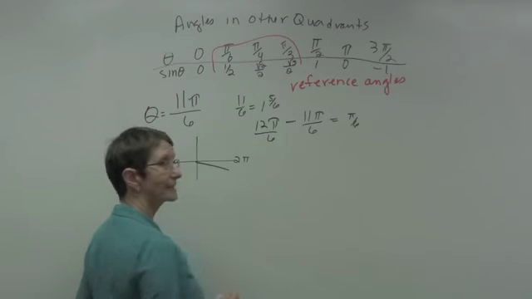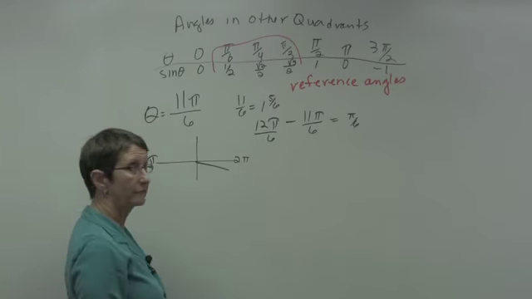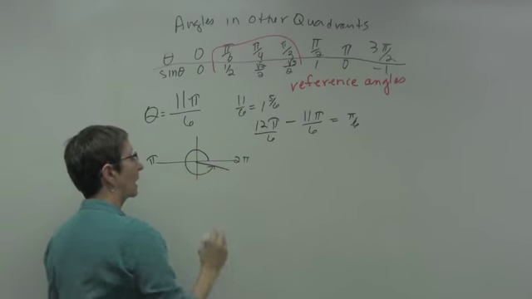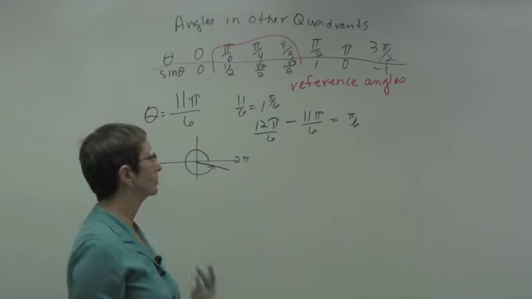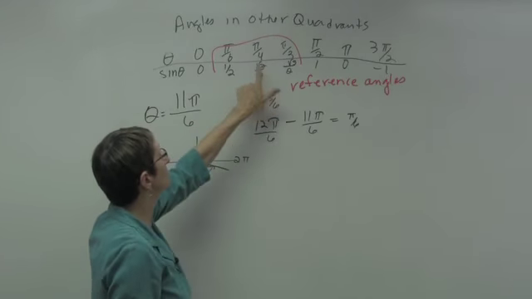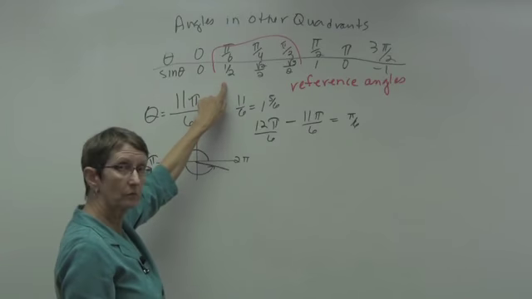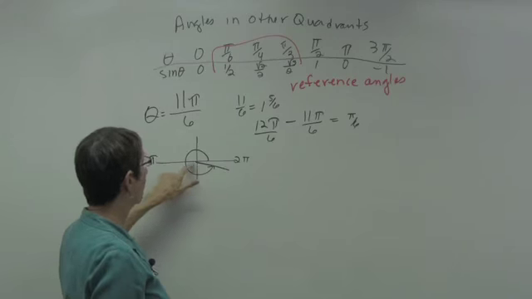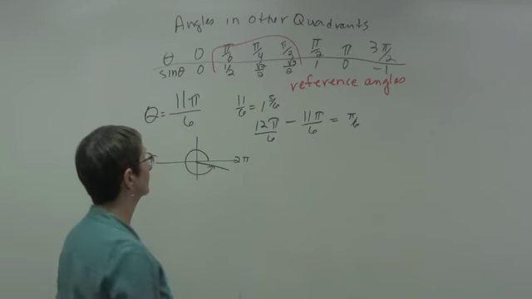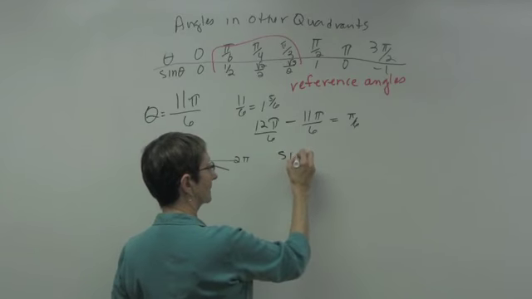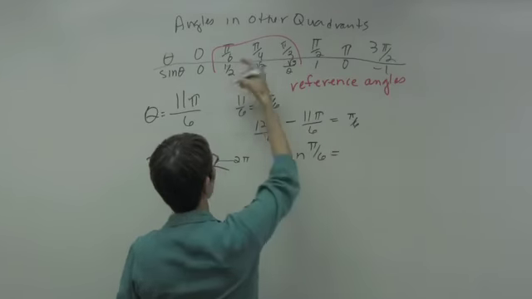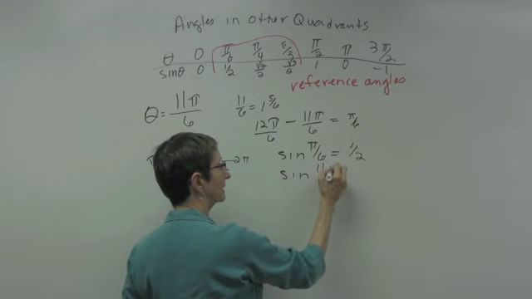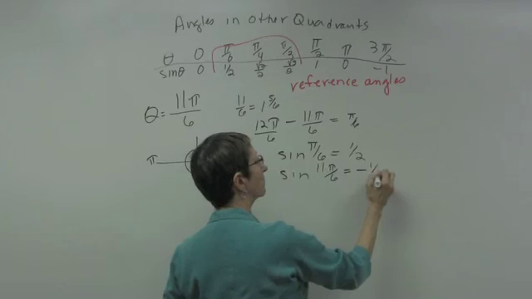So if pi over 6 is my reference angle for 11 pi over 6, I started here and I went all the way around here, but I'm in the fourth quadrant. So I used my pi over 6 values, but x is positive, cosine is positive, y is negative, sine is negative. So I find the sine of pi over 6, which is 1/2, which tells me that the sine of 11 pi over 6 is negative 1/2.